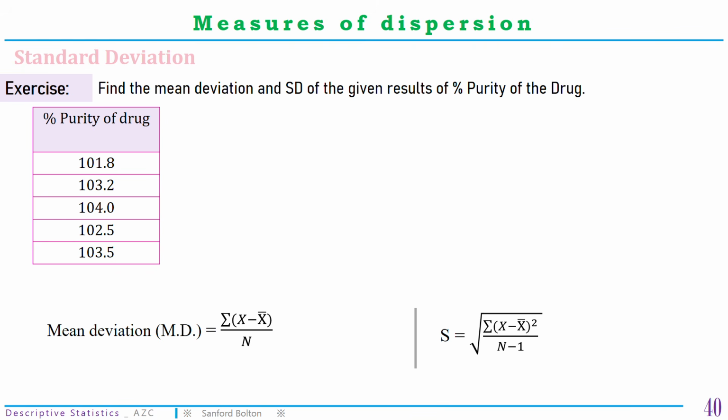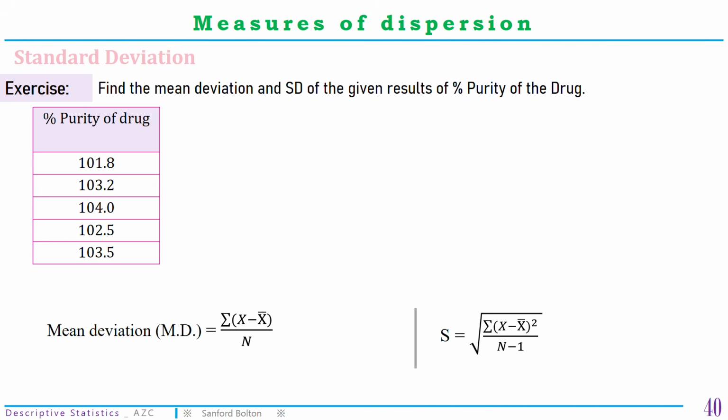Exercise. Find the mean deviation and standard deviation of the given results of percent purity of the drug. Five numbers of the sample drug are tested for assay, and the result is mentioned in this table. To solve this exercise, the equations we need to use for mean deviation and sample standard deviation are given below.